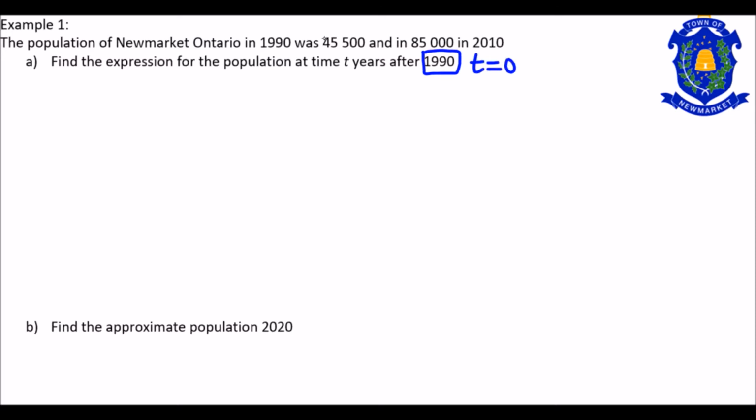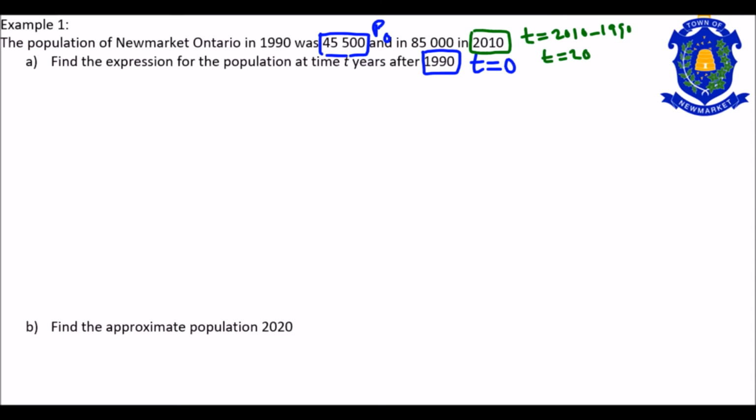That means this is going to be our P naught. Now we also have 2010, so this is actually another t value. This t will be 2010 minus the initial, so minus 1990. If I do this quickly in my head, I get t is equal to 20.